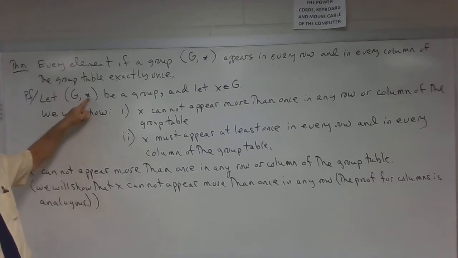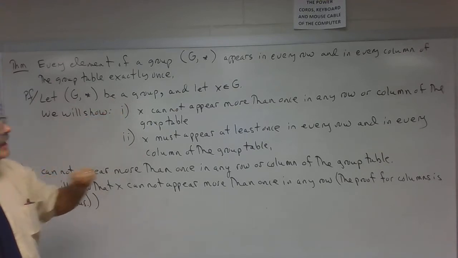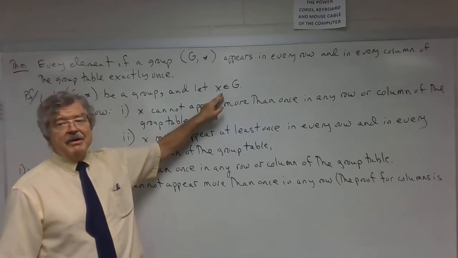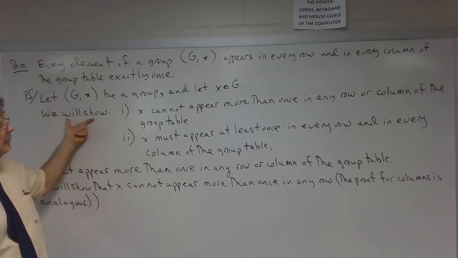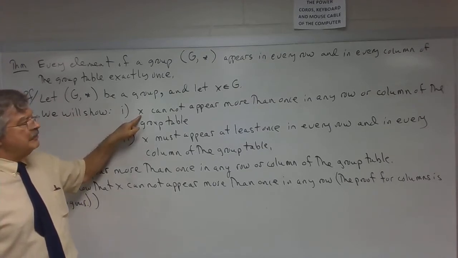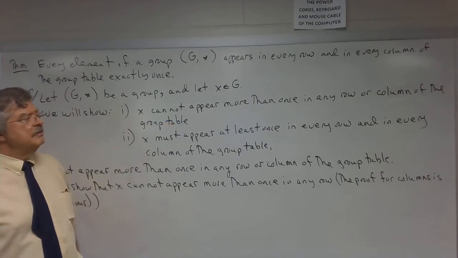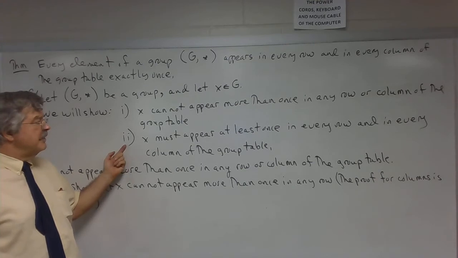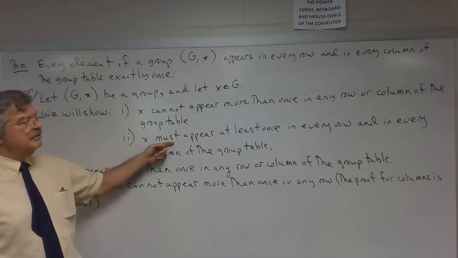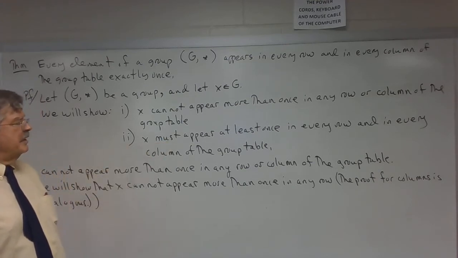Let G along with the binary operation star be a group, and let X be an arbitrary element of G. So we'll show two things. One, X cannot appear more than once in any row or column of the group table. And two, X must appear at least once in every row and in every column of the group table.